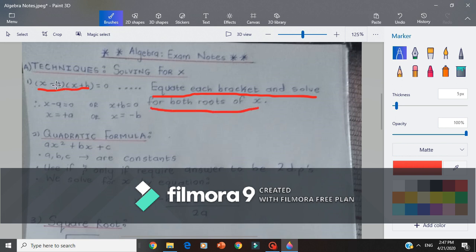Note that a and b can be any whole integer. So the first thing you're going to do is equate x minus a to 0 and therefore x will equal a. Similarly, x plus b is equal to 0 and hence x must equal minus b.